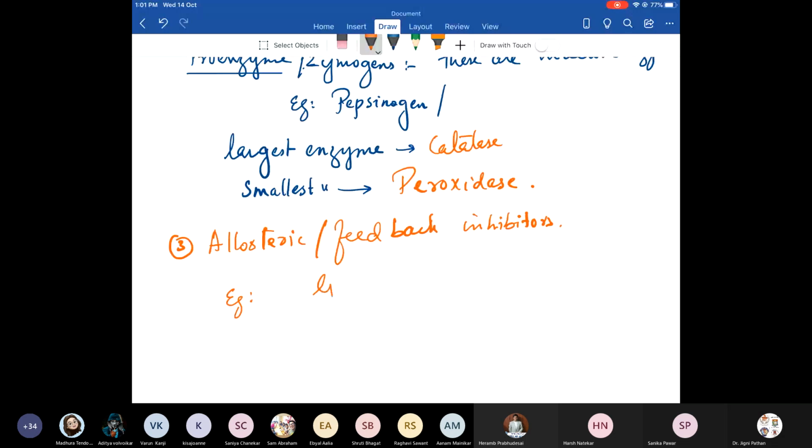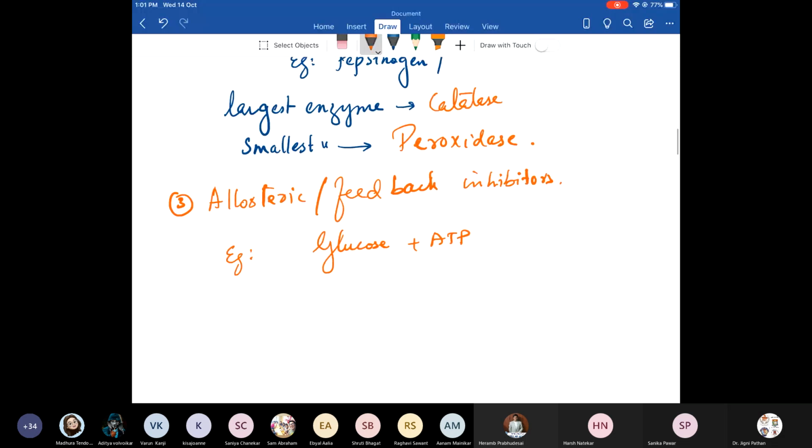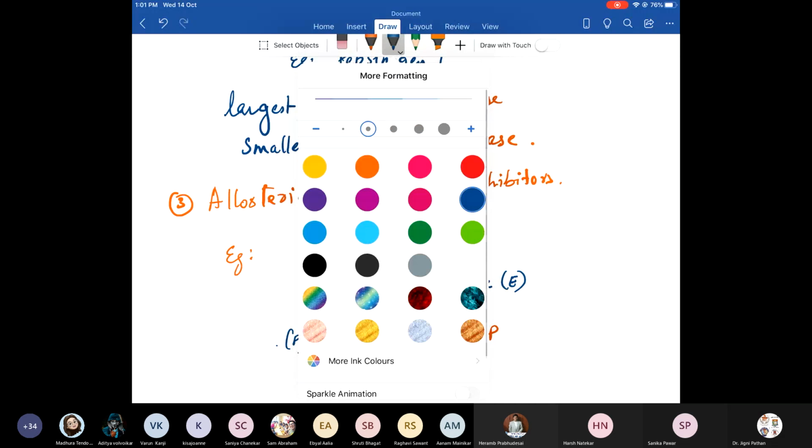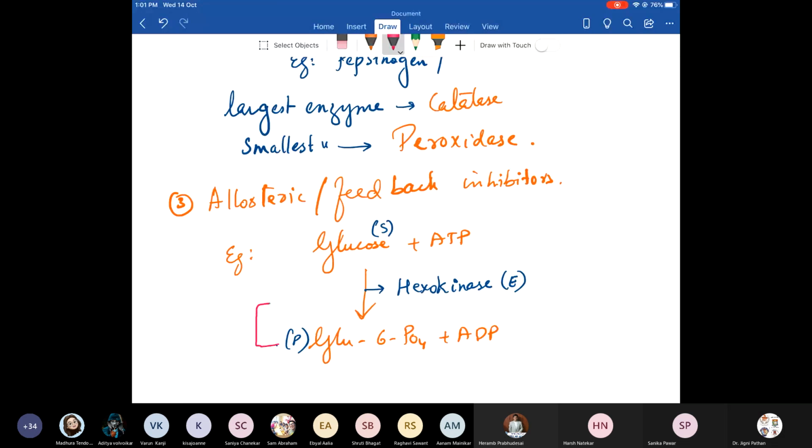First, glucose plus ATP in the presence of enzyme hexokinase forms glucose 6 phosphate plus ADP. Hexokinase is the enzyme. This is substrate and this is product. The product will go and stop, negative feedback.